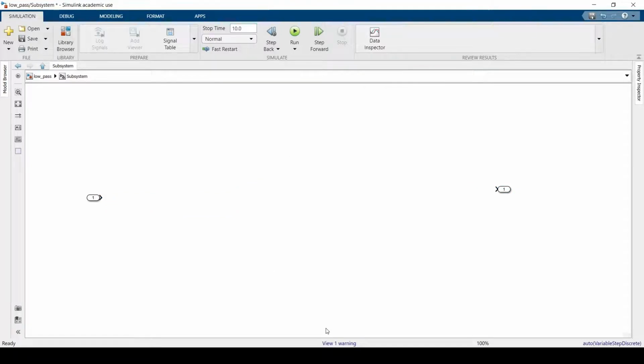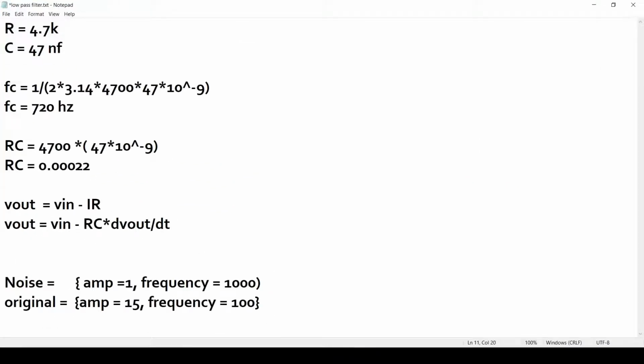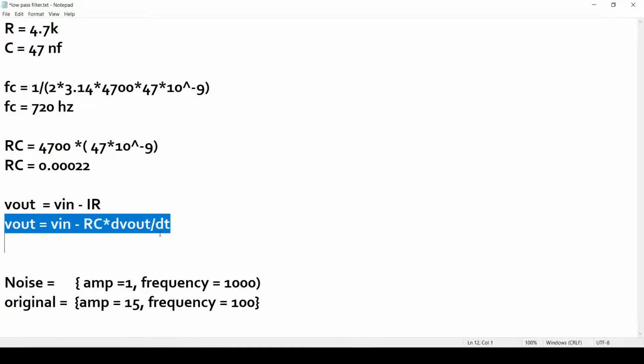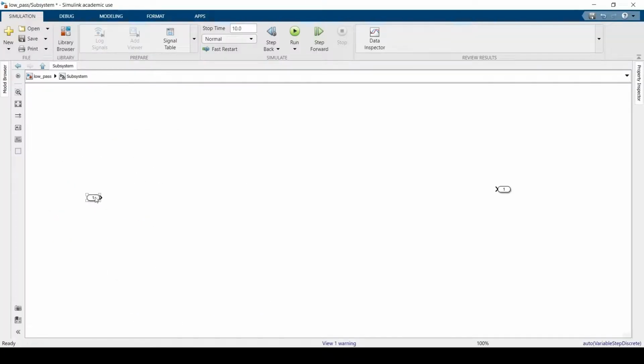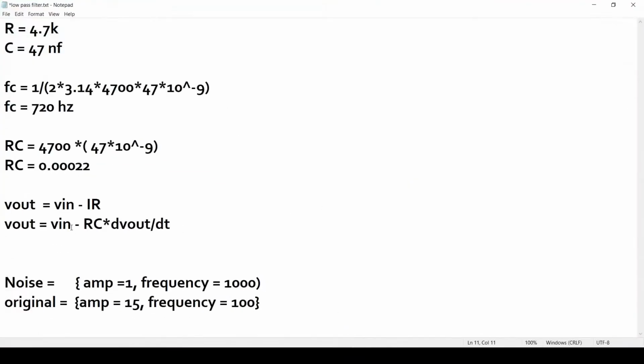Okay, so from the formulas, what we need to do is, this is our output, and the output is V in. The input is the addition of the two signals, which we are getting from this port In 1. And we should subtract from it RC dV out by dt.